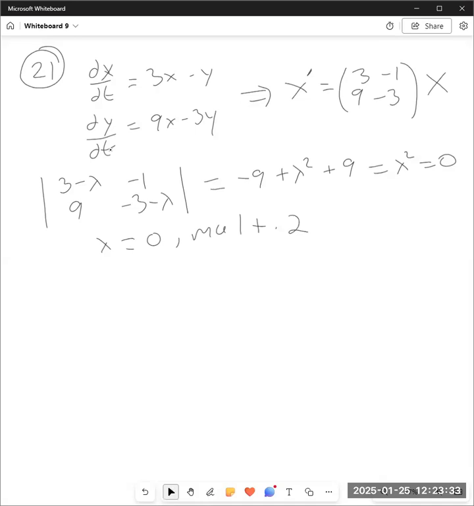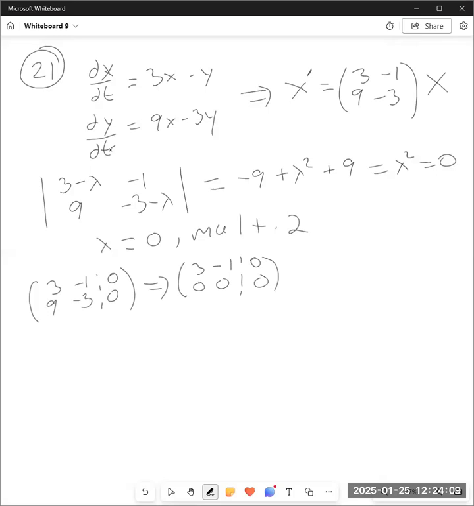So this is that second type, and more like what we talked about earlier in differential equations, where we have a multiplicity of 2 or higher. So we're going to solve this equation here. We're going to put 0 in. This makes [3, -1; 9, -3]. Augment this with the 0 matrix, and this comes out to be [3, -1, 0; 0, 0, 0].